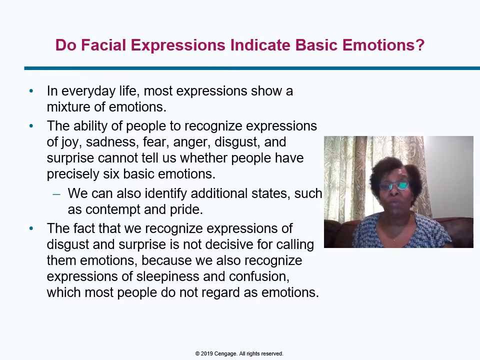People might also be readily able to identify expressions of someone feeling pride because of their facial expression as well as their posture. So that ability to identify an expression is kind of helpful as evidence to determine basic emotion. And because of it, it allows us to grow that list.